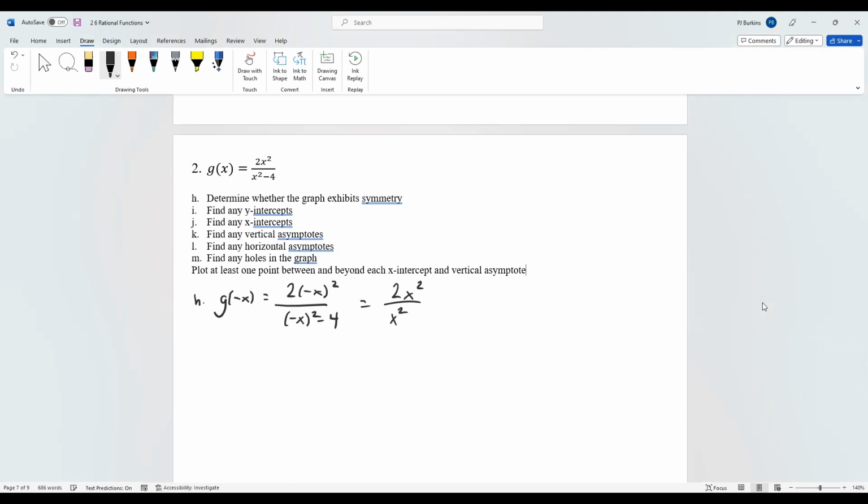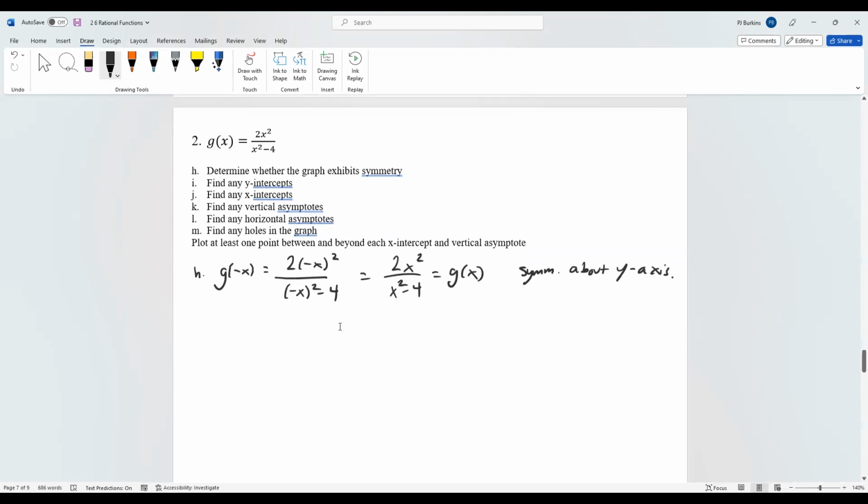And so I get x squared minus 4 in the denominator as well. That is, in fact, exactly the same as the original function. So this has symmetry about the y-axis. Okay, that's nice.